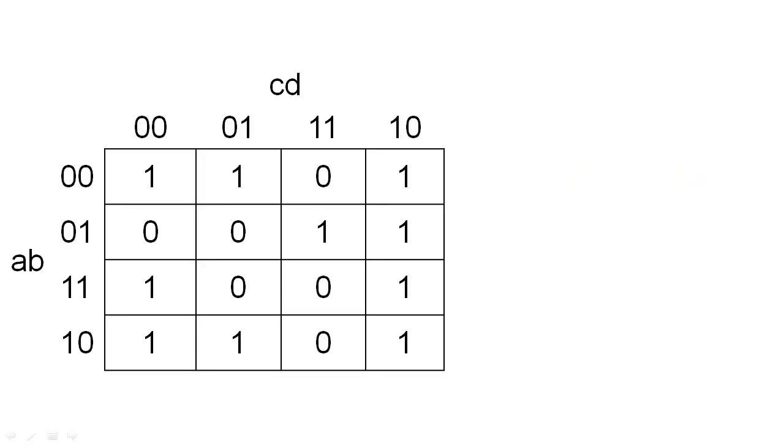Unfortunately, not all K-maps are always this simple, and there's not always a unique solution to every K-map. This K-map has 2 solutions. And first we'll identify the 5 prime implicants.